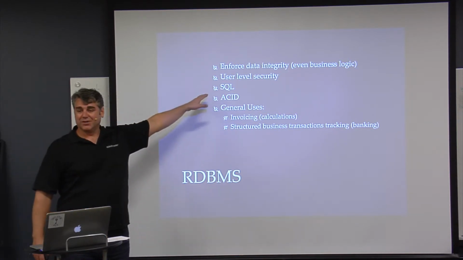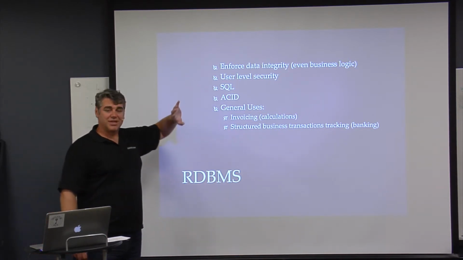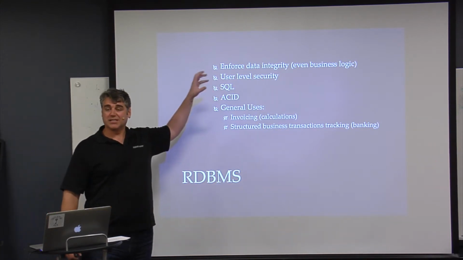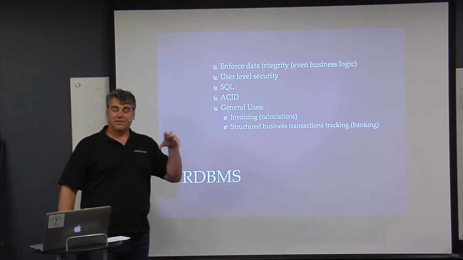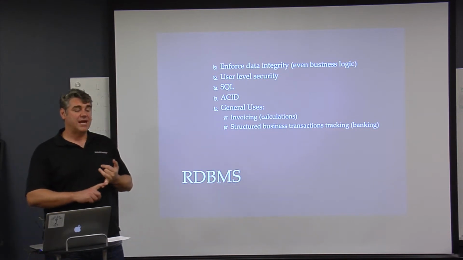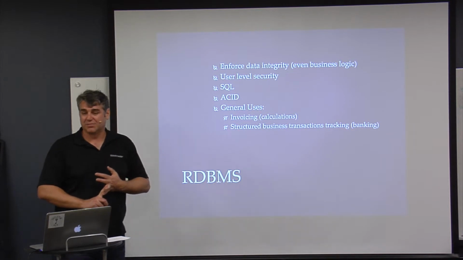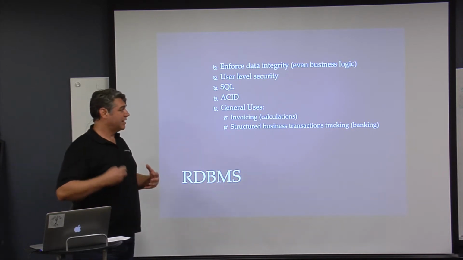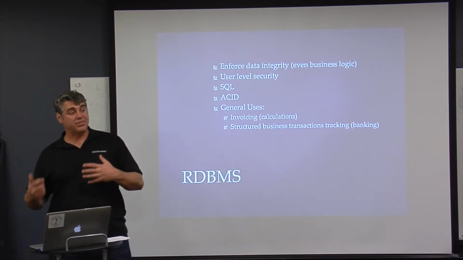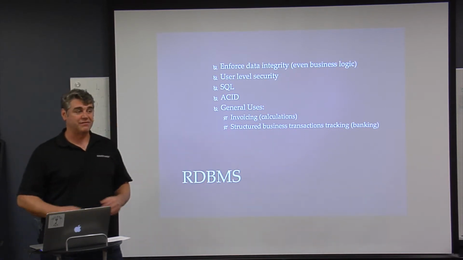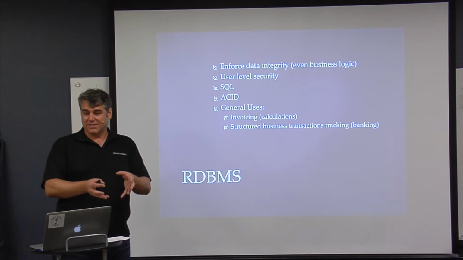User-level security. RDBMSs are pretty much the only thing that has a mature level of security, where you can tie things down on a table, row, or column basis. NoSQL databases are still struggling with exactly what they're trying to do with it, other than the grant security measure of once you have access, you have access.